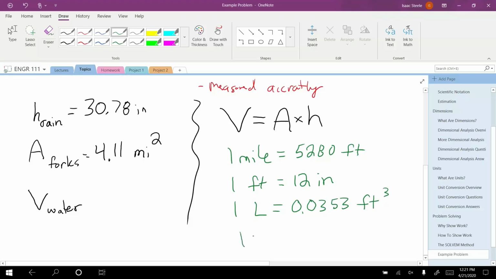And I have that 1 liter also equals 0.264 gallons. And again, these can be looked up as well on any conversion chart, or just do a search for them.